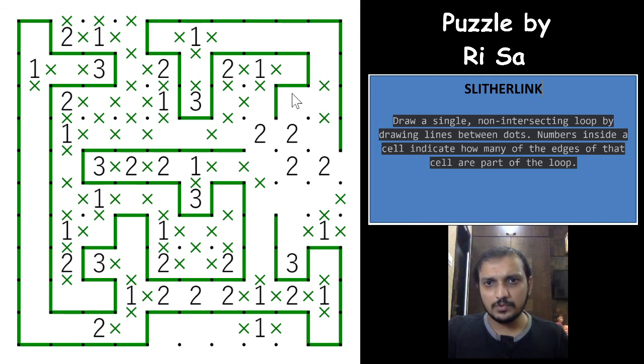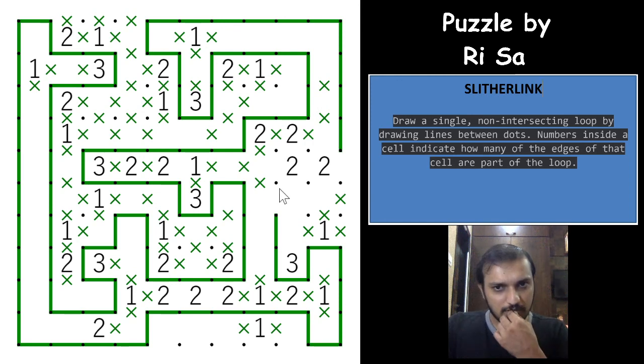Wow, that is awesome. So this 2 will have a loop segment either this way or this way, and it cannot be this way because this 2 cannot be fulfilled now. Whatever be the case, you cannot fulfill this 2. Am I correct? No, it can be done.